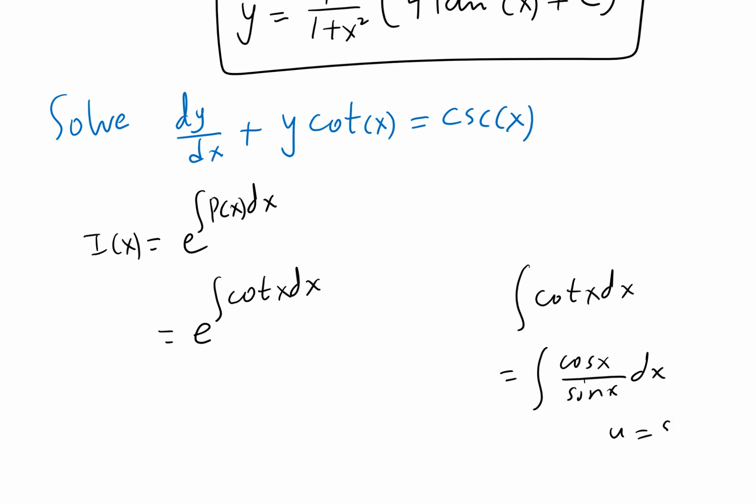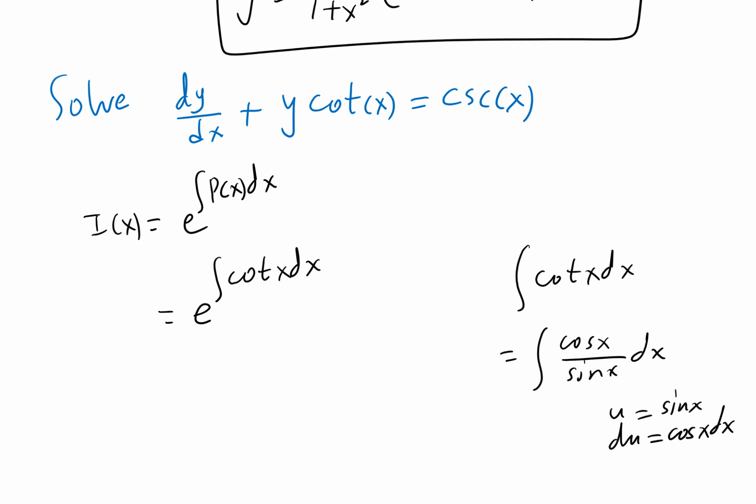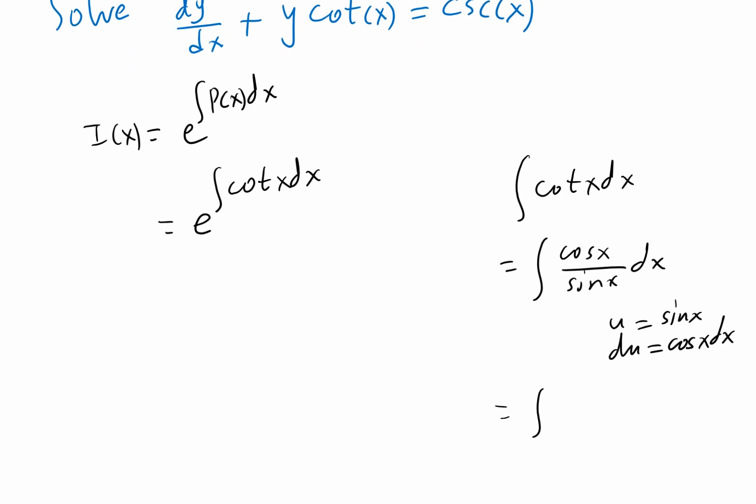And you can let u equal sine x. So this is du over u. So natural log of u. So this gives us e to the natural log of sine x, which is sine x.